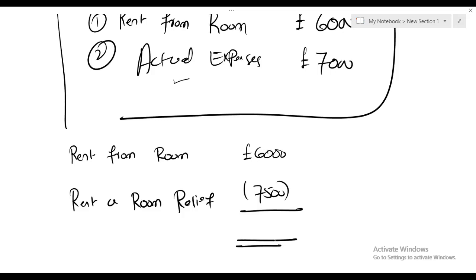And that negative answer of 1,500 will represent loss. But let me clear one thing. Reliefs cannot result in a loss. If you come across a situation where rent from room is less and rent a room relief is higher, you are supposed to write answer 0. You cannot write the answer negative because rent a room relief cannot result in a loss.